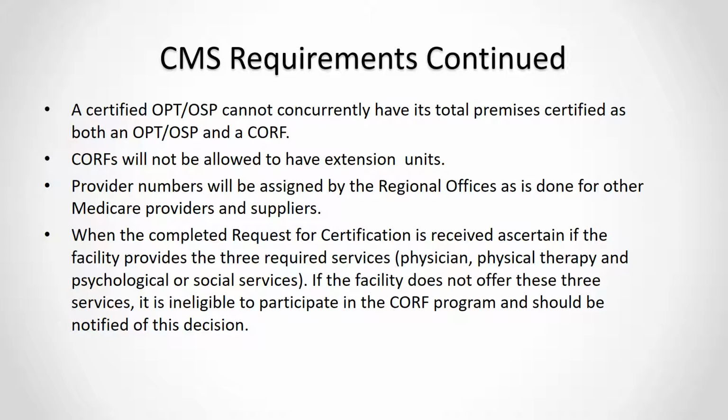When the completed request for certification is received, ascertain if the facility provides the three required services, and if they do not offer these three required services, they are not eligible to participate in the comprehensive outpatient rehab facility program and should be notified of this decision immediately.